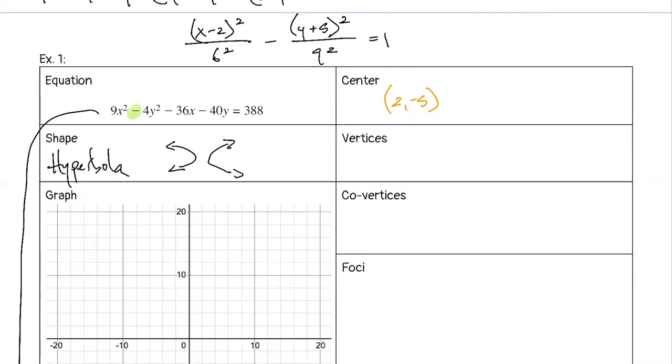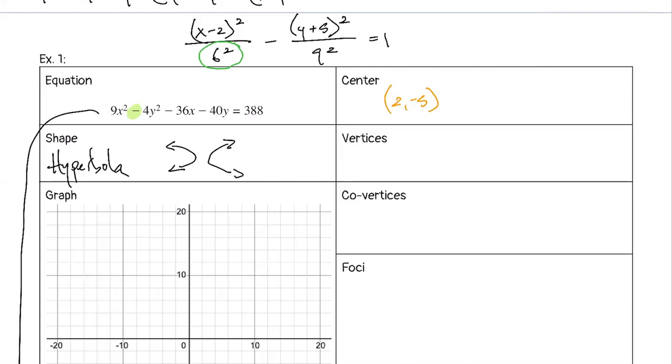Okay. So here's another difference between ellipses and hyperbolas. The vertices are in the direction that your branches open. So since my hyperbola opens side to side, I'm going to get the vertices by taking the number under x and adding and subtracting that to the x value of the center.